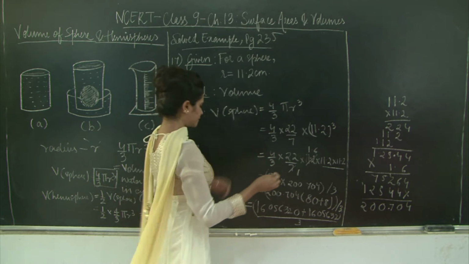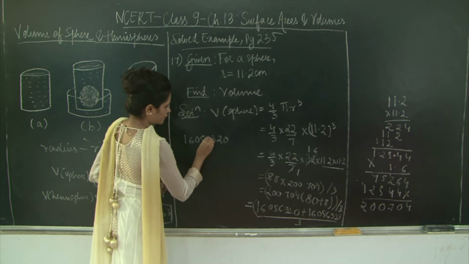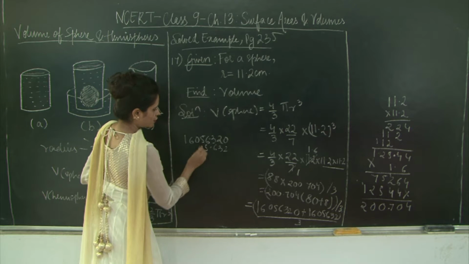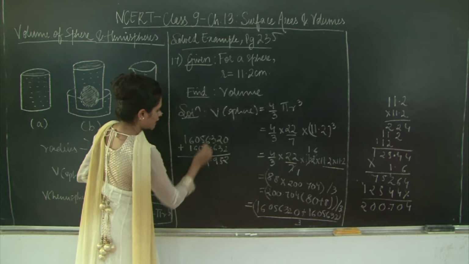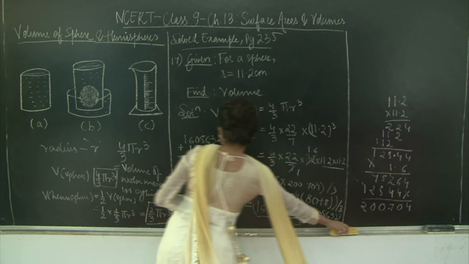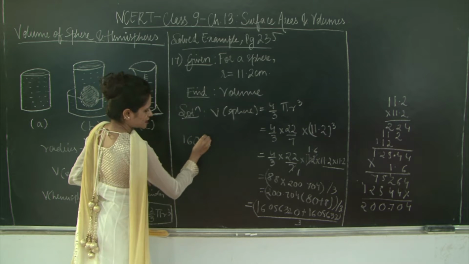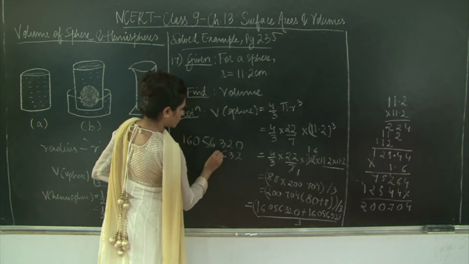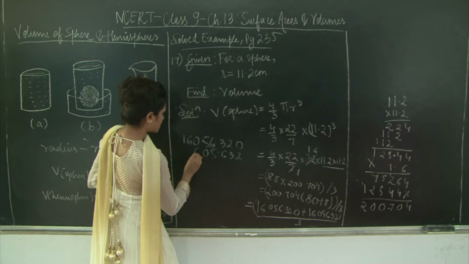So let's calculate. 1605632 and 16056.320 and 632.5.6.5061.